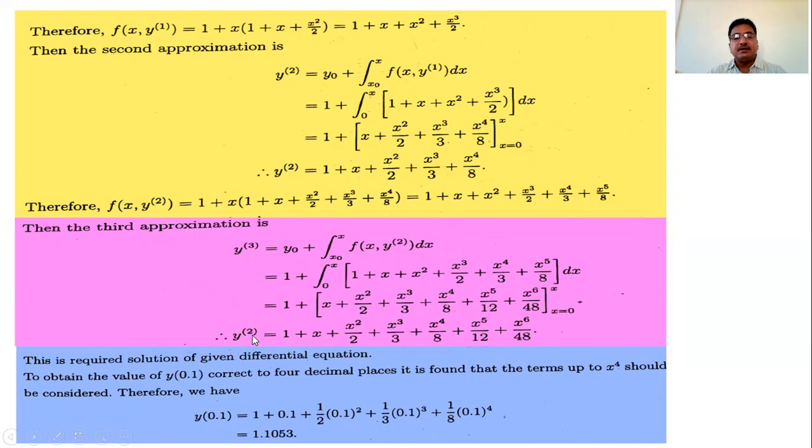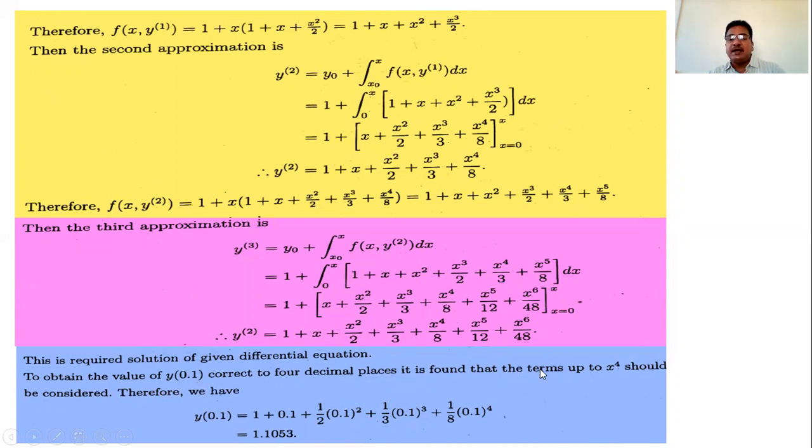We accept this y2 as y(x), the approximate solution of the given differential equation. Then we have to find y at the point 0.1 correct up to 4 decimal places, and for this consider terms up to x raised to 4.